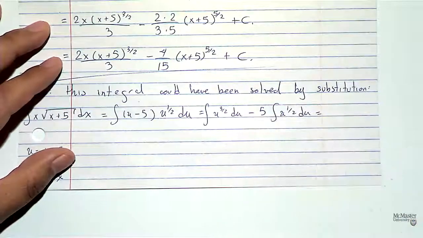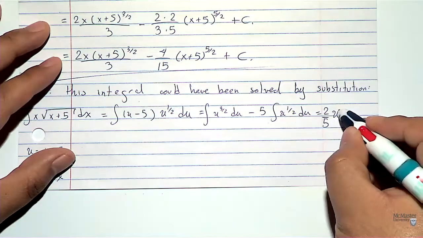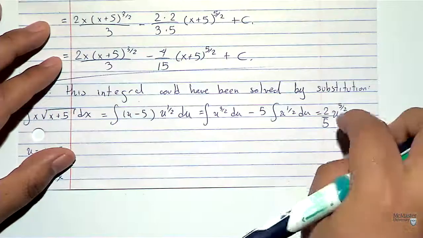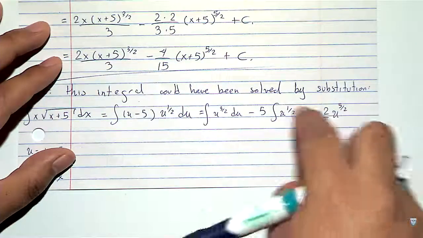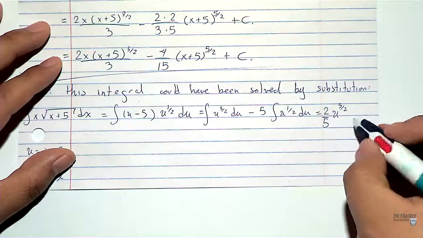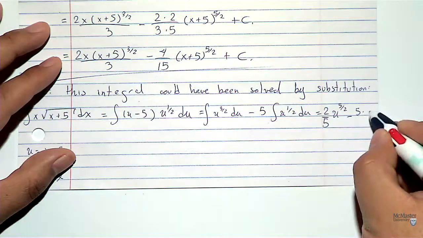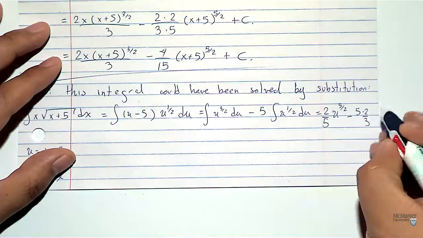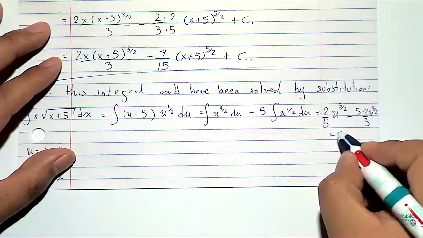So here you can perform it, and then if you do the balancing of the terms, you have 2/5 of u to the 5 halves. Think about it, you perform the derivation, so the 5 halves vanishes, then you have 3 halves, so you have the first one. And then you have minus 5 times 2/3 times u to the 3 halves, plus a constant of integration.